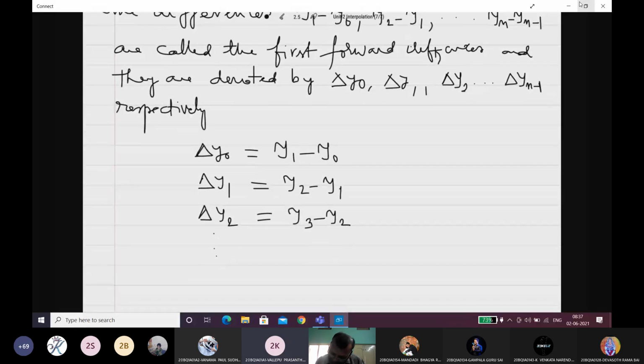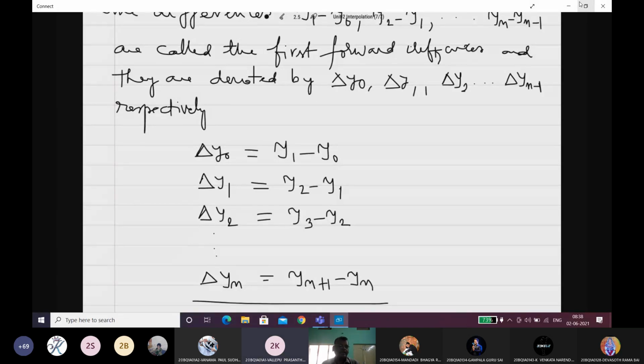In general, delta yn is equal to yn plus 1 minus yn. This is the general form. And here, the symbol delta is called the difference operator or forward difference operator.